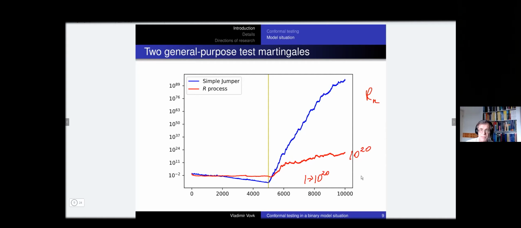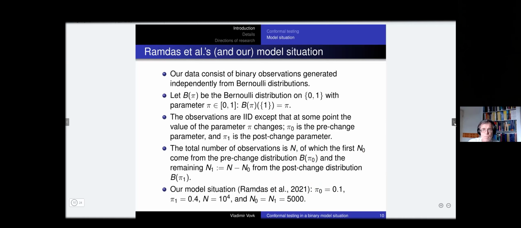So this is what simple jumper, the line in blue, can give you. It's like 10 to the 90. It's much, much better than this process Rn. Can you get even more? So what's the limit that can be achieved by conformal test martingales, and is it any good?